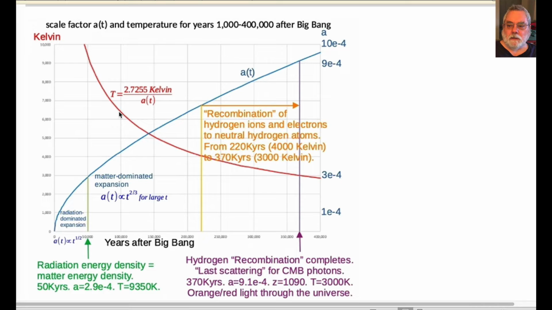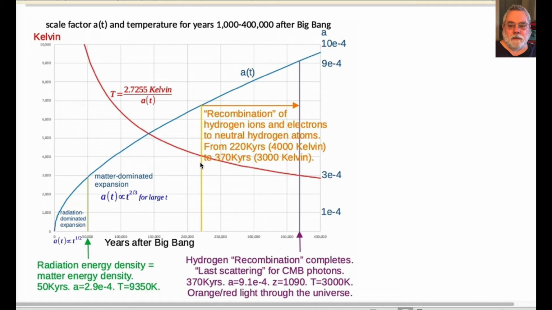Something important occurs in the period from 220,000 years to 370,000 years after the Big Bang, during which the radiation temperature falls from 4,000 Kelvin to 3,000 Kelvin. The major constituent of ordinary matter is hydrogen.